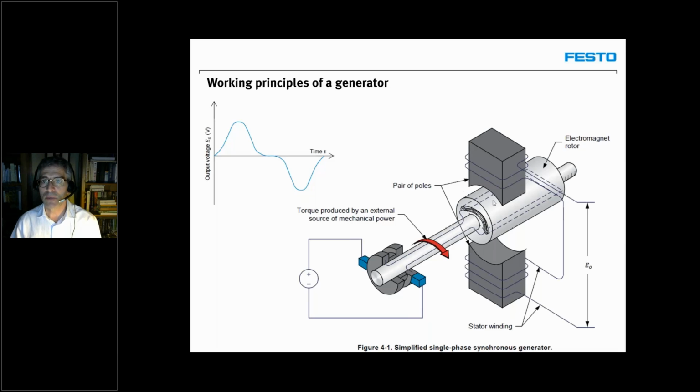So as the magnetic field changes, the coils of wires here are exposed to this change in magnetic flux, and a voltage is induced in the coils, which is collected here at the 2 ends of the coil. So by rotating this rotor, we are generating a sinusoidal, so a varying sinusoidal voltage at the output of the coils, as we can see here.